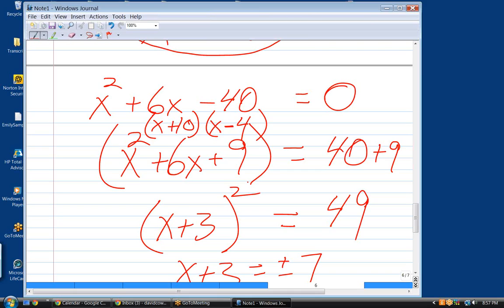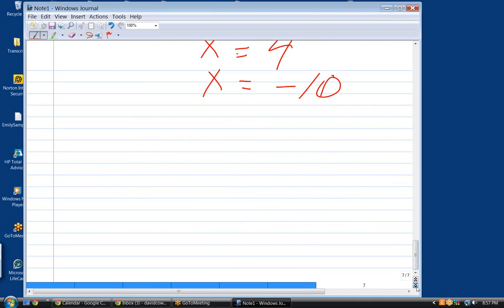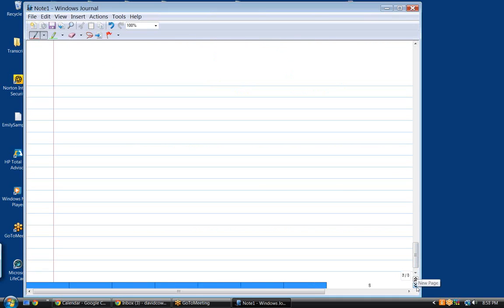The 4 goes there. You get the same two solutions, minus 10 and plus 4. So, you do have to know how to complete the square, and there are a lot of times where that's the only way to solve it. But both of the last two, we could have solved more easily by factoring.